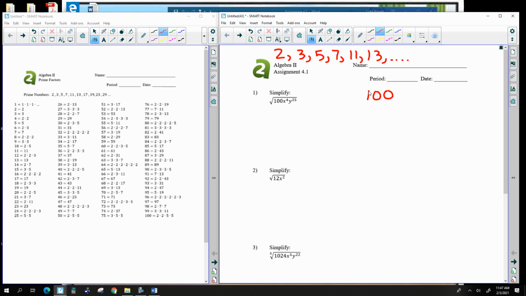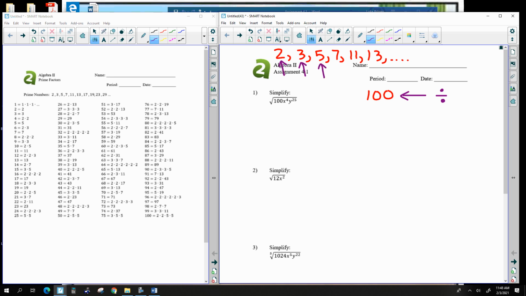What I want to do is attempt to break this 100 down into prime numbers. And what I'm trying to do is divide. And you can use your calculator to help you out. And so what I'm going to do is divide by the number 2 as many times as possible. And then I'm going to divide by the number 3 as many times as possible.